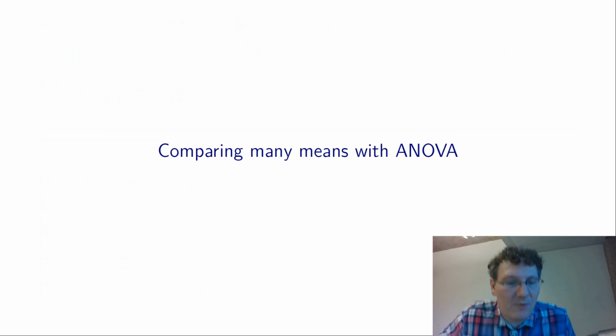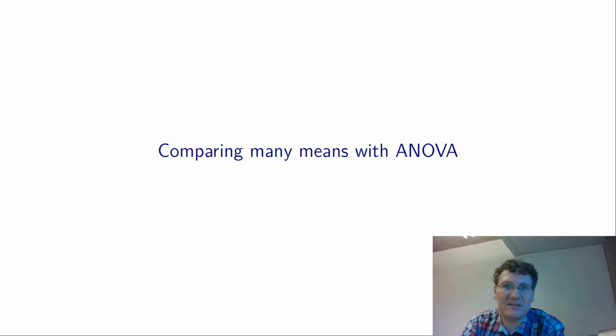All right, so now we're going to extend these ideas of looking at population means to look at the means of 3 or more populations, or 3 or more independent samples.